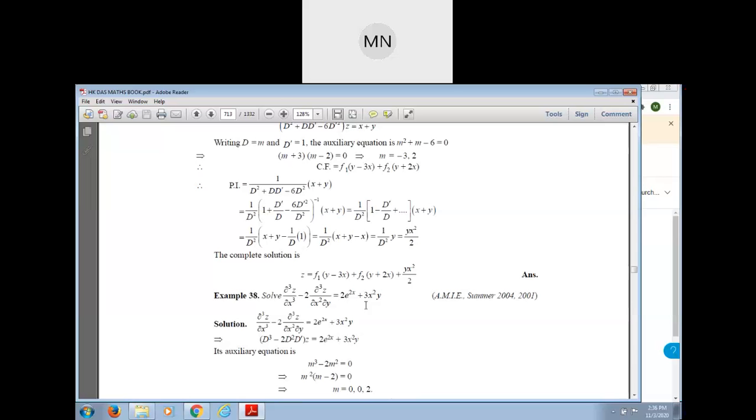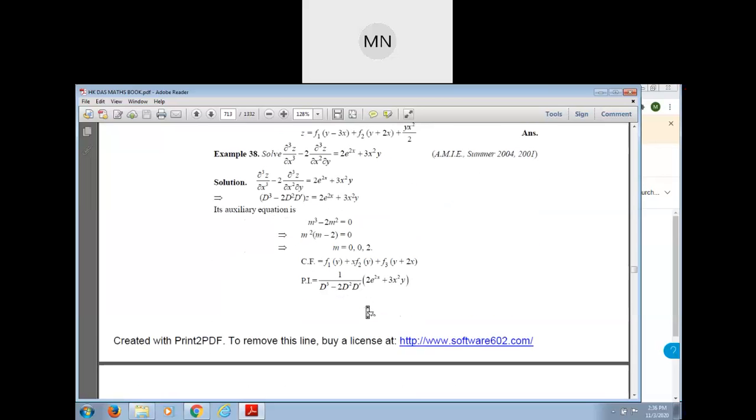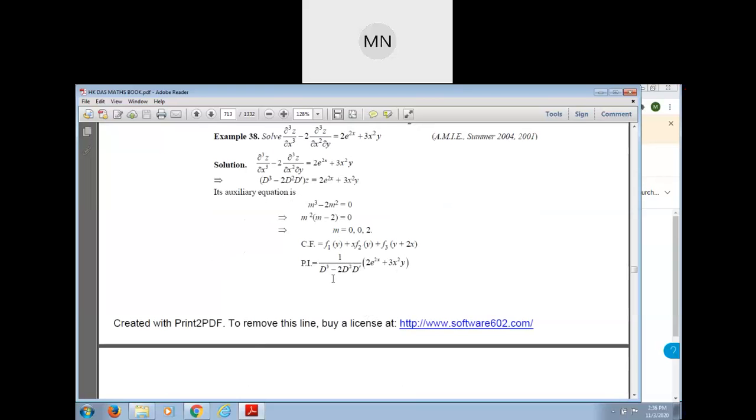So it becomes 1 by d cube minus twice d square d dash into 2 e to the power twice x, plus 1 by d cube minus twice d square d dash into 3 x square y. Is it clear?